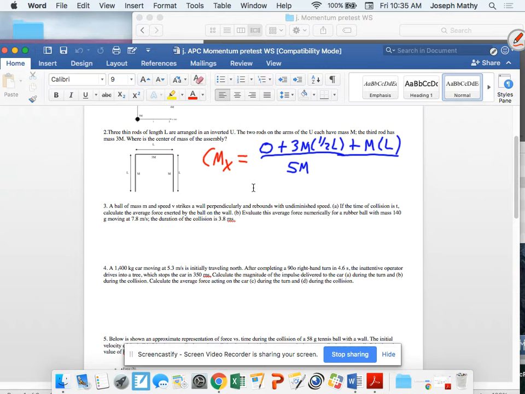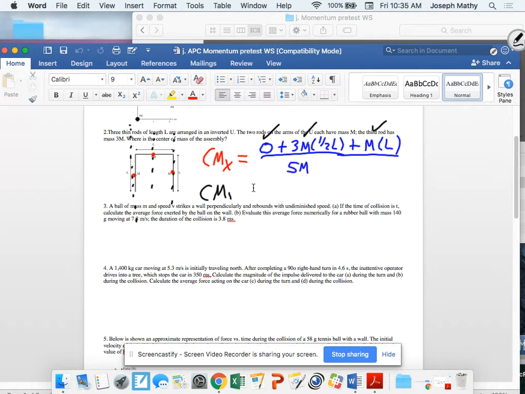The center of mass for this object is here. The center of mass for this object is here. The center of mass for this object is here. That means as far as x is concerned, this is at 0. This is at half of an L. That's at 1 L. So since that's at 0, I do that. The 3 sits at a half. And this last third one sits at a full length L.